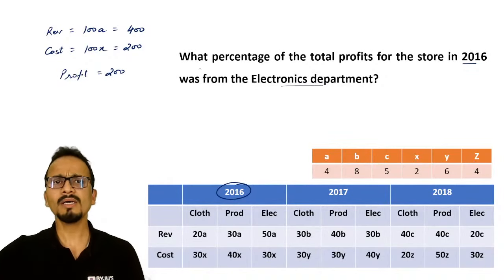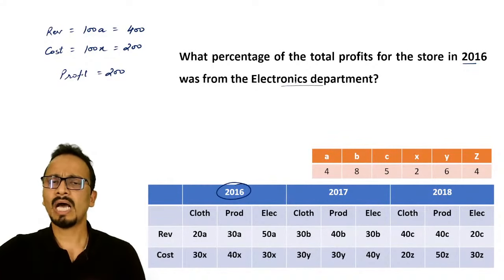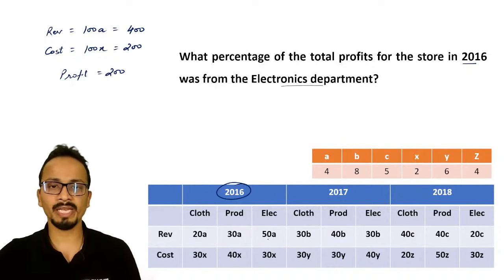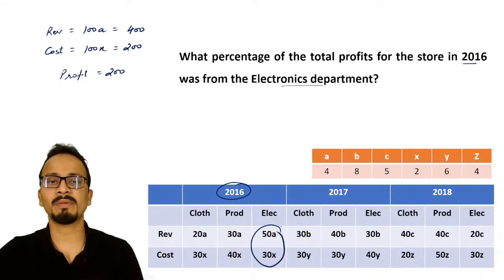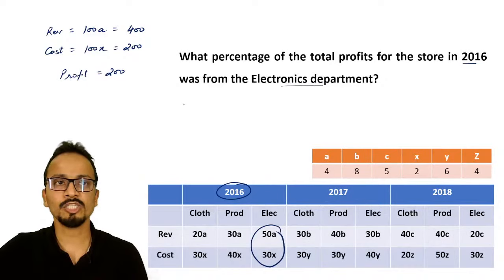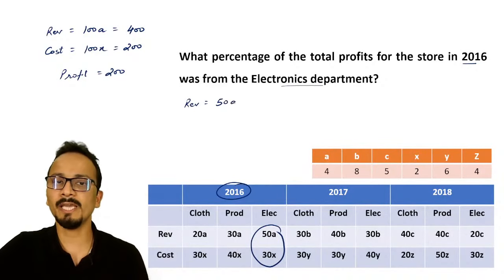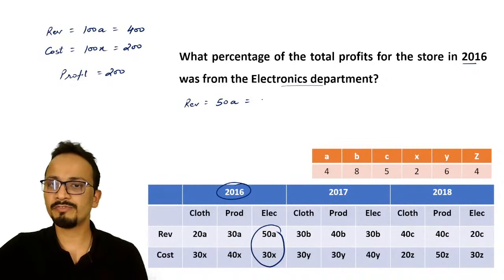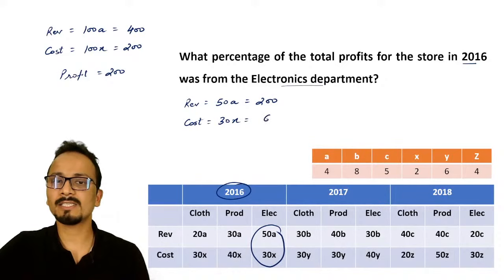Okay. Now they are asking how much of this profit has come from electronics department. So electronics department को अगर हम consider करते हैं, so for electronics department revenue is 50A, that is 50 into 4, 200, and the cost is 30x. Okay, that is 60.